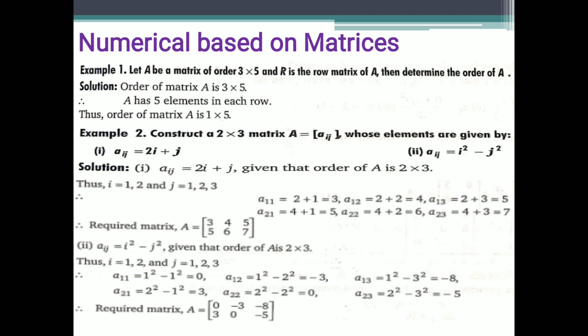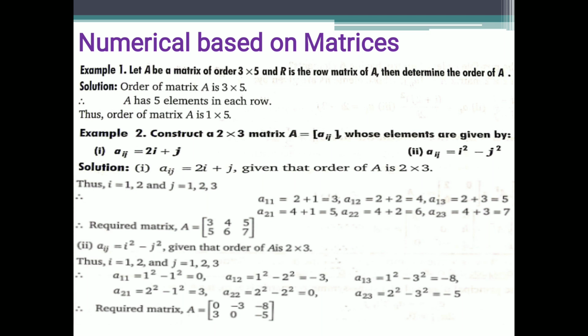Let's take second example. Construct a 2 cross 3 matrix A equal to Aij, whose elements are given by this. So Aij stands for the element in the ith row and jth column. Aij is equal to 2i plus j, it is given, right?